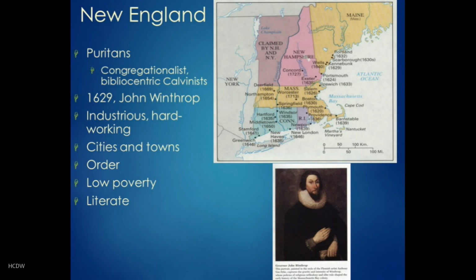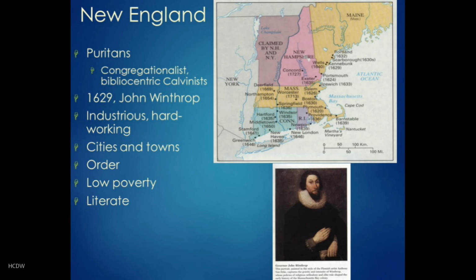In terms of government, all church members were involved in their society in some way, and all men were given the right to vote early on, although that's not a perfect equation, and you can read more about that in some of your course readings. But they have a much more democratically based society than some of the other regions we're going to talk about. There also is a very low poverty rate in New England compared to some other regions.